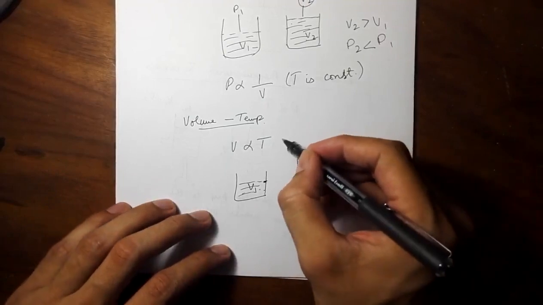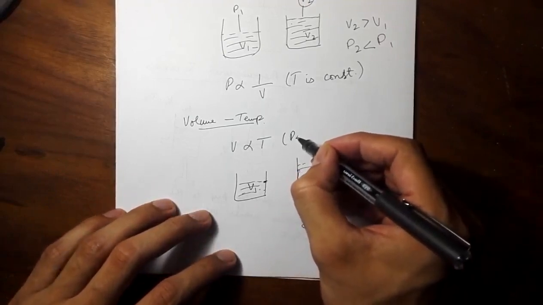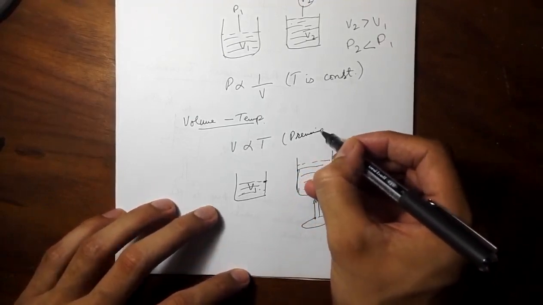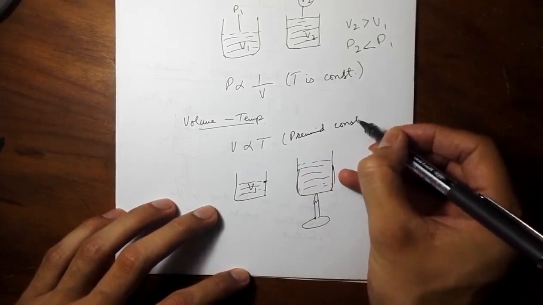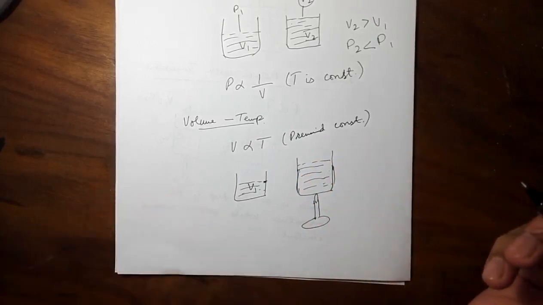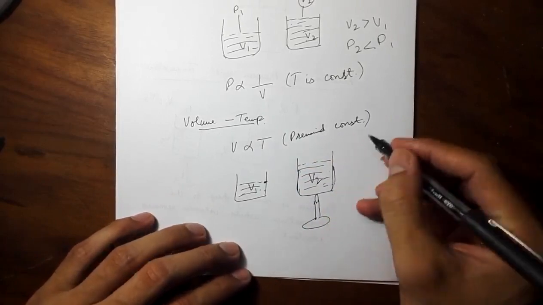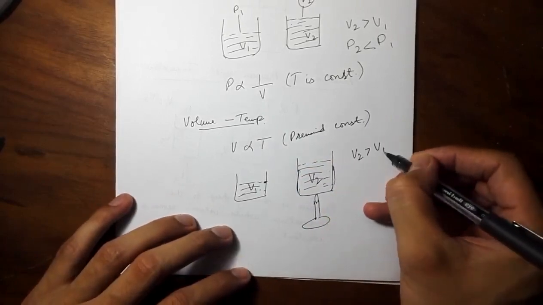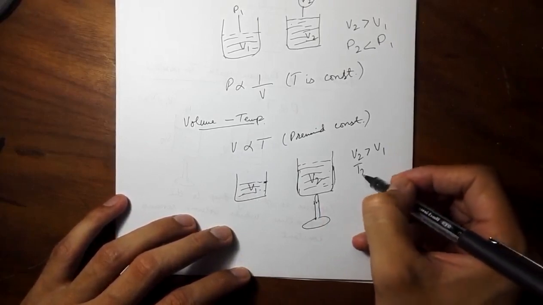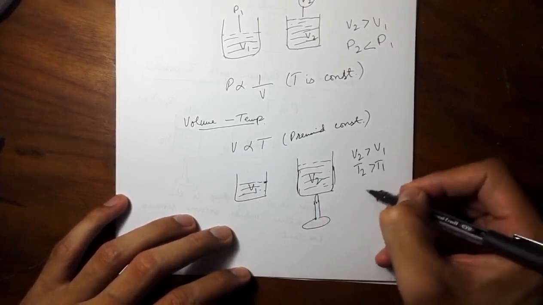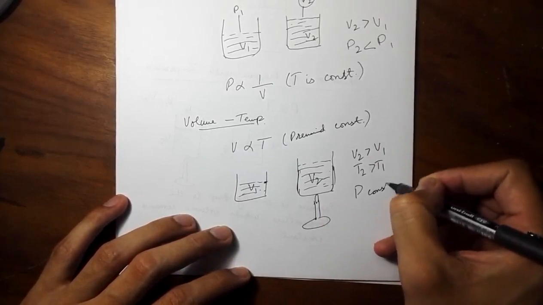That means pressure remained constant. But the volume has been increased. So here V2 is greater than V1 and T2 is also greater than T1, but pressure is constant.